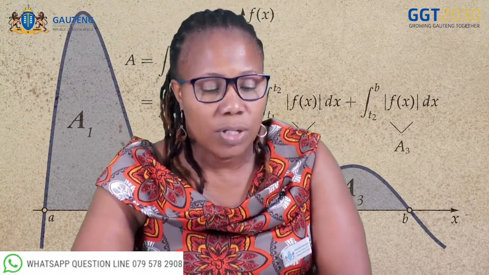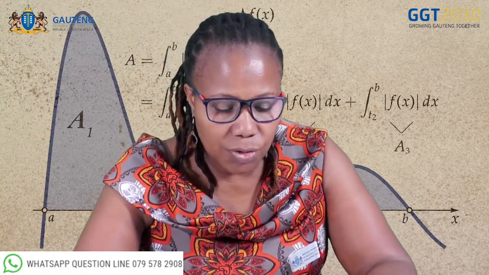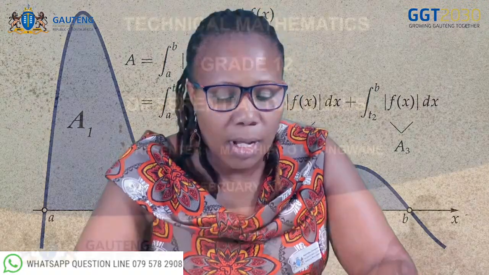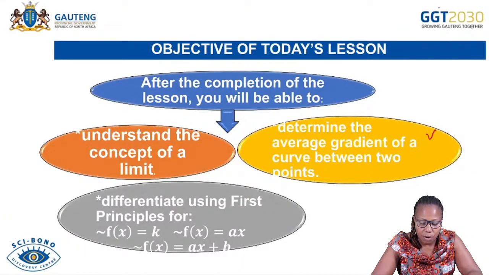Welcome to the session, grade 12. Our session today is on differential calculus. The objectives of today's lesson are, after completion of the lesson, you will be able to understand the concept of limits. Number 2, to determine the average gradient of a curve between 2 points.